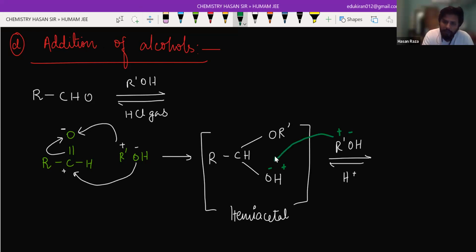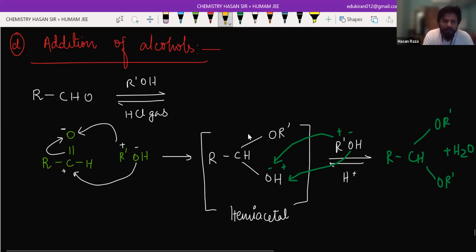So you know that this will go with this and this will come with this. So what you will get basically, you will get RCH, and here it becomes OR dash, and here it becomes OR dash along with H2O. Now you can see that this is somehow an ether, ROR, something like this.